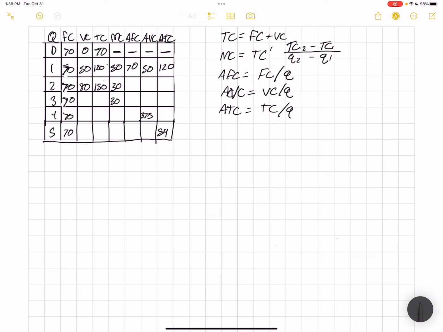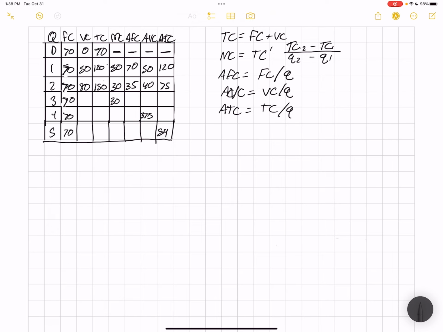Average fixed cost is fixed cost over quantity. So 70 over 2 equals 35. And then average variable cost is variable cost over quantity. 80 over 2 is 40. And then our average total cost is going to be total cost over quantity. 150 divided by 2 is 75.